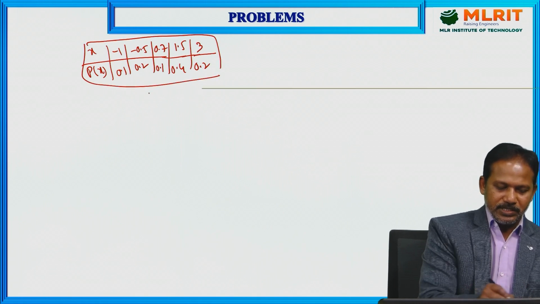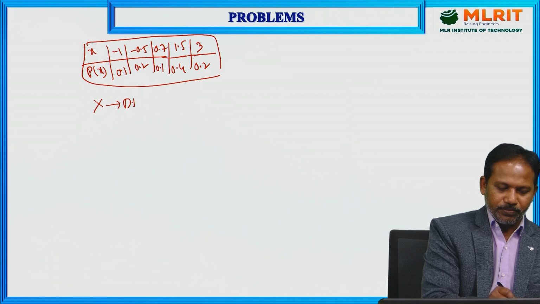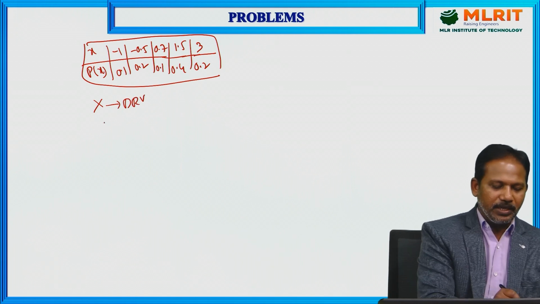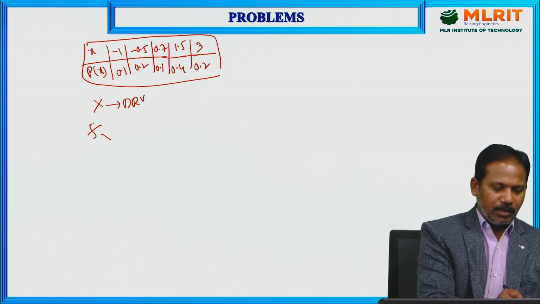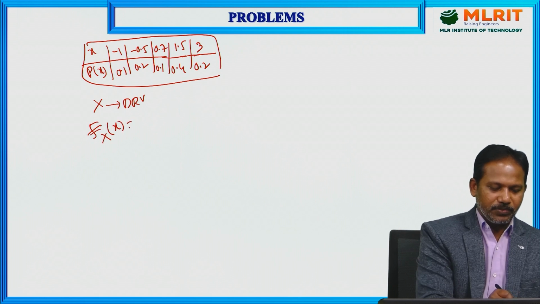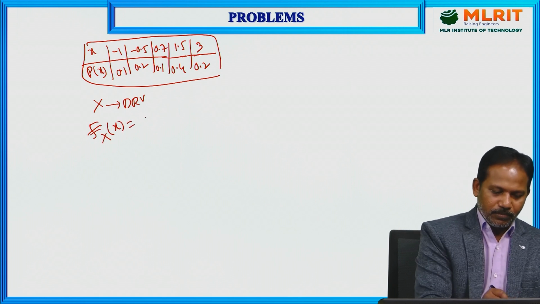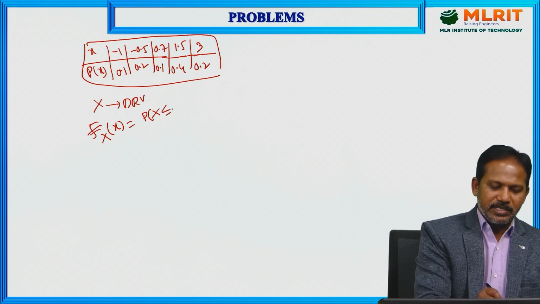Here x is a discrete random variable. First I need to find the probability distribution function, that is capital Fx of x equal to p of x less than or equal to x.